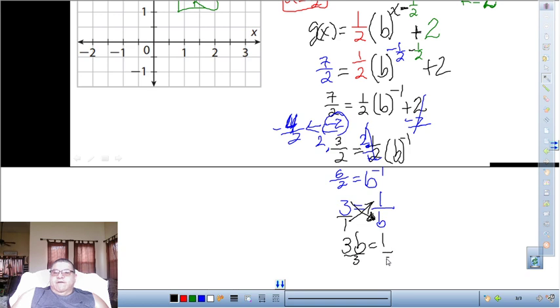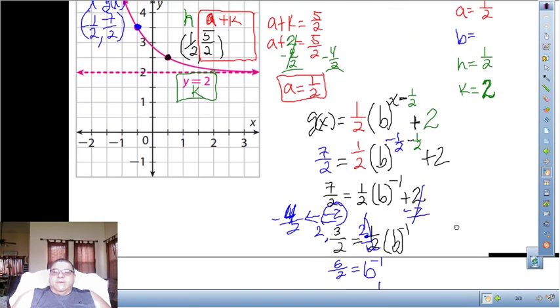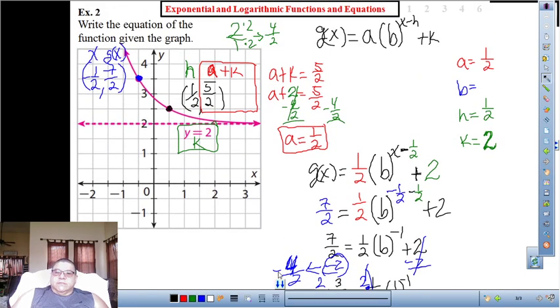Divide by 3, divide by 3. b equals 1/3. All right. So now that we have all our values, now we can write our equation. Let me go back up. This is 1/3.